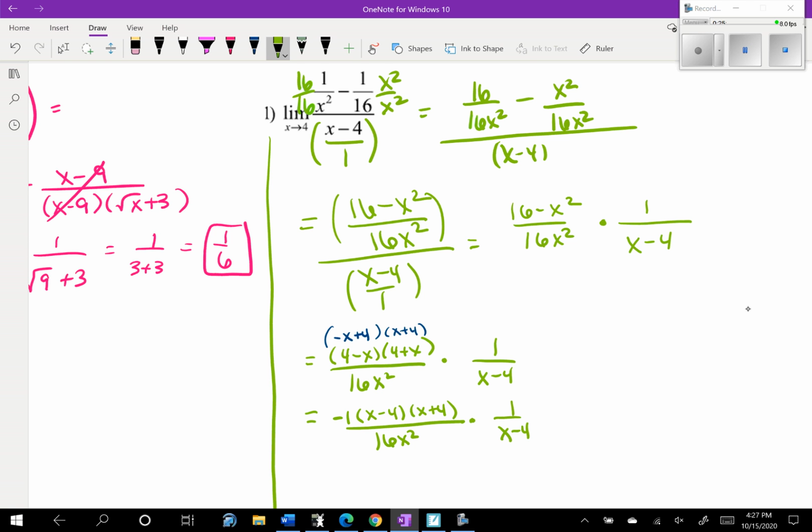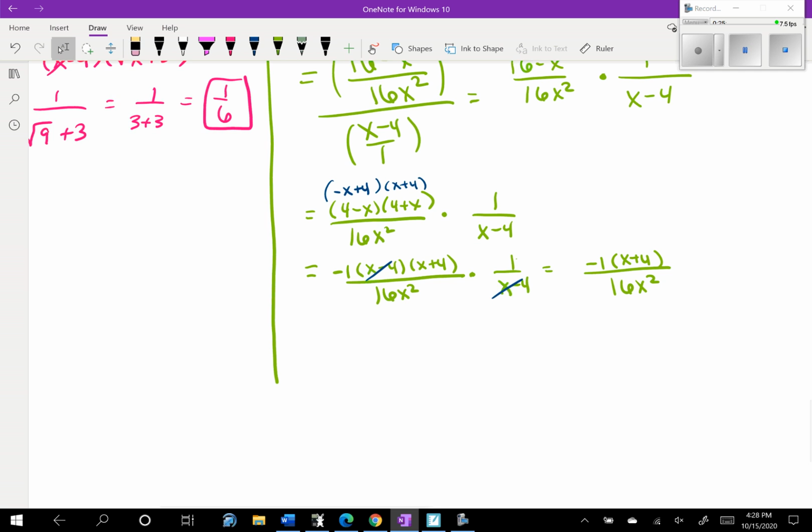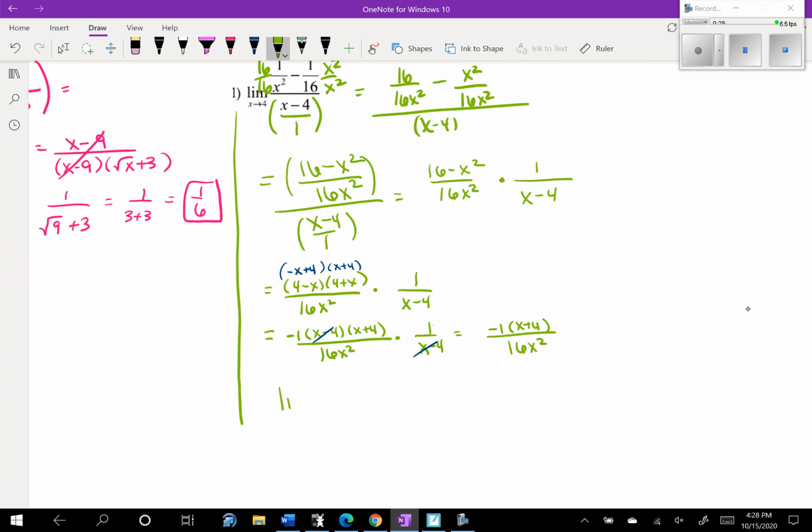Now I can go ahead and cancel out that common factor between the numerator and denominator. So that gives us, in my numerator, negative 1 times x plus 4 times the 1 over 16x squared. Now I've eliminated the 0, and I can go ahead and find the limit. So we're looking at the limit as x approaches 4, and I can distribute that negative 1.